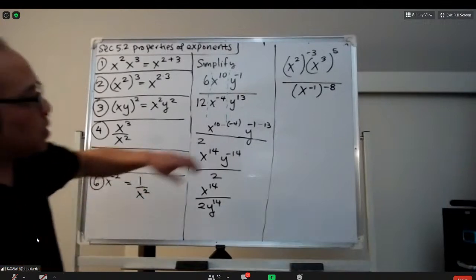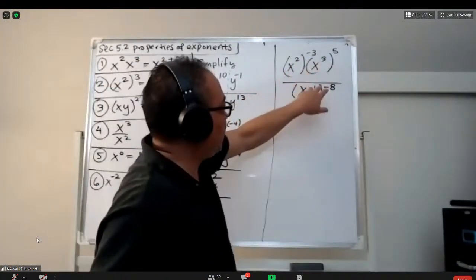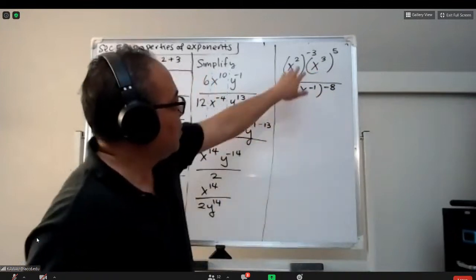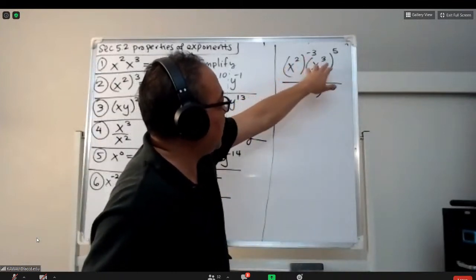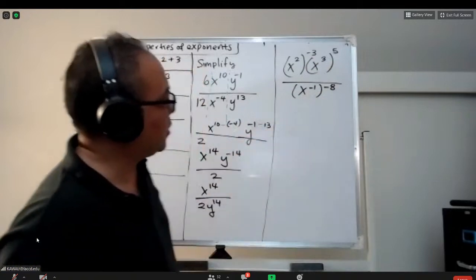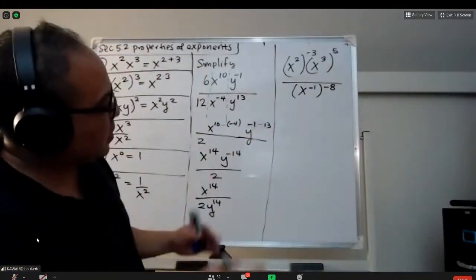Okay, so go ahead and multiply all of these. Multiply the 2 and the -3, the 3 and the 5, and the -1 and the 8. And then see if you can finish it up.